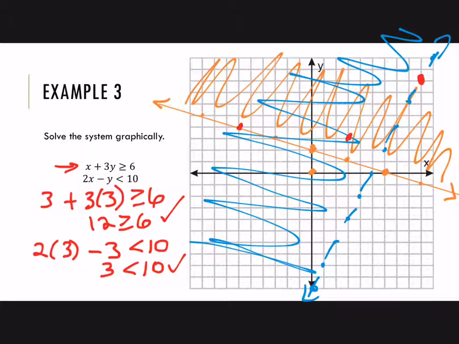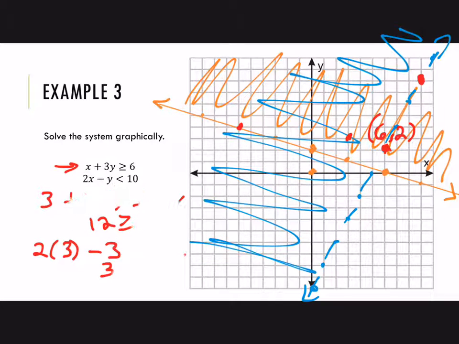Here's a point. This one should work. This is 6, 2. It's a little hard to see, but that is on the blue line, and it is shaded orange. But since that blue line is dotted, it should not actually solve the inequality.